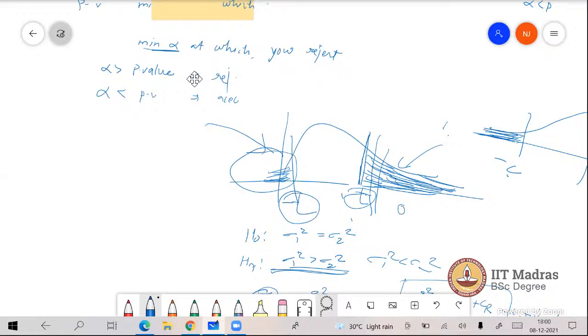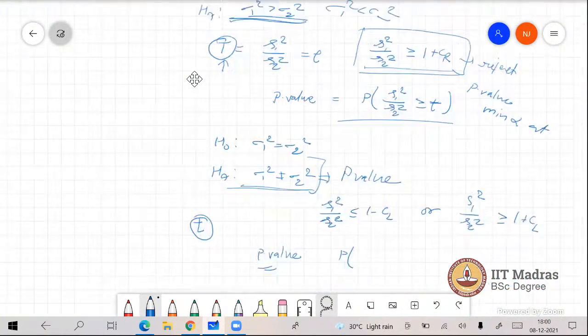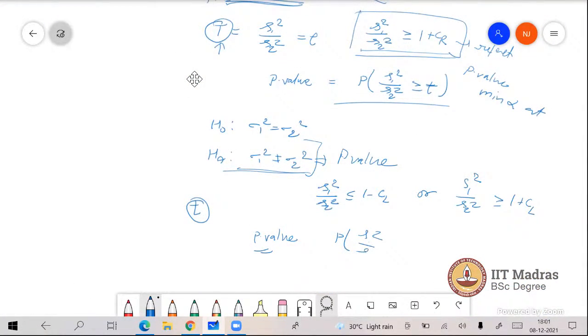So let's say this area is 0.05. So your p value is going to be 0.1. So it's not direct that you can find the p value from P of s1 square upon s2 square less than t. My point is that don't go in such a way that if it is t, then it is minus t.